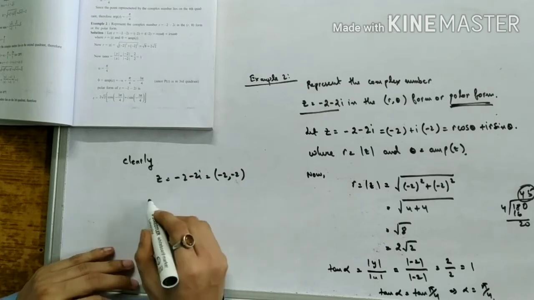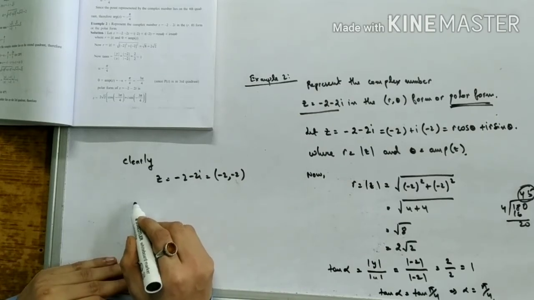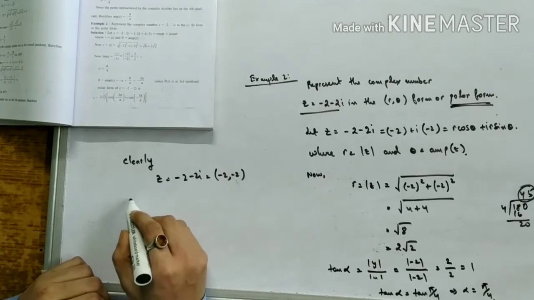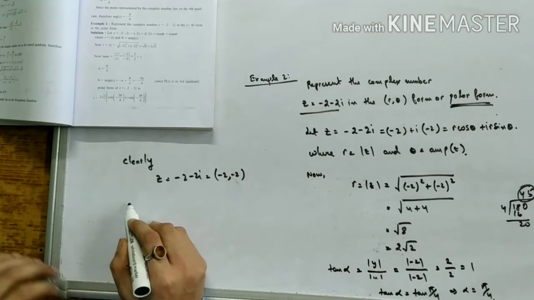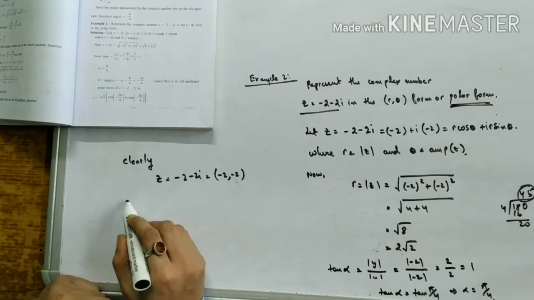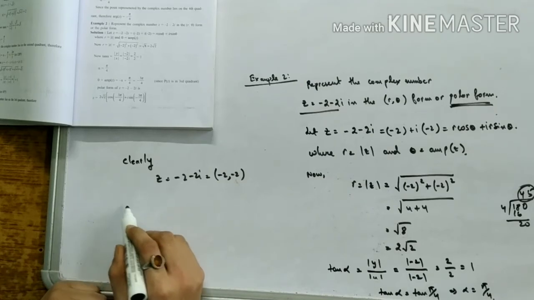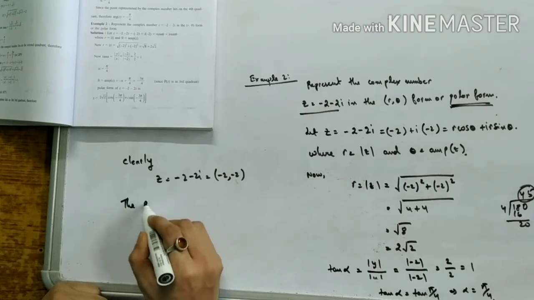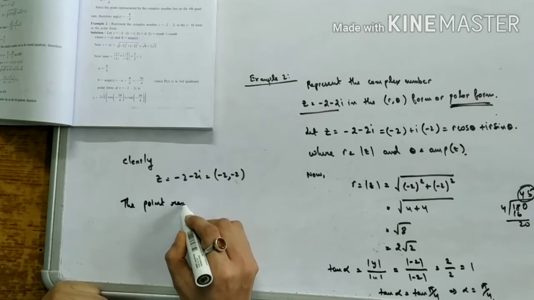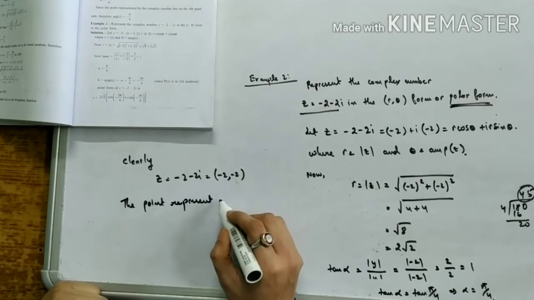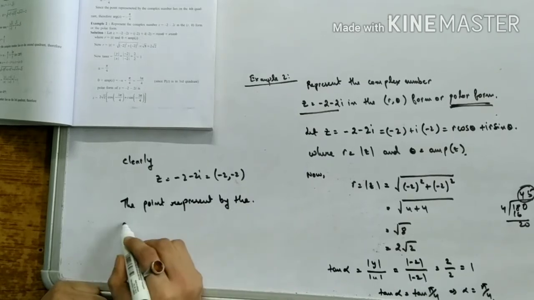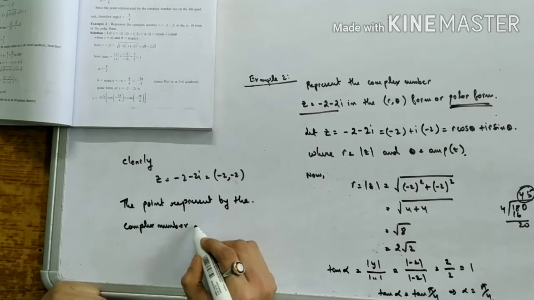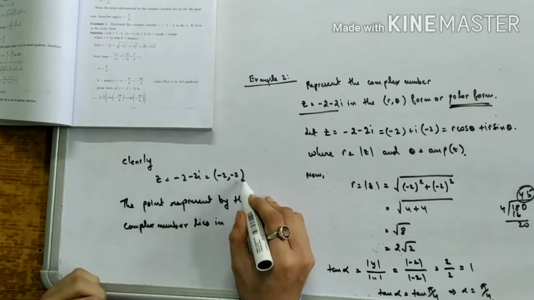So the point represented by the complex number lies where both x and y are negative.